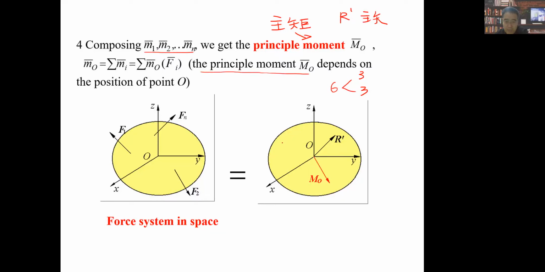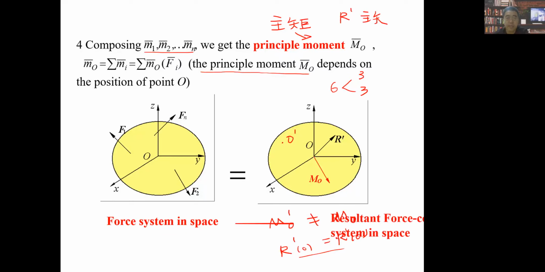If we select a different point O prime, maybe MO prime does not equal MO, but R prime at O and R prime at O prime will always be the same, with the same direction and the same magnitude, because it doesn't depend on the position you select. That's the principal vector, and this is the principal moment, right? So I hope you guys have a basic knowledge about that.